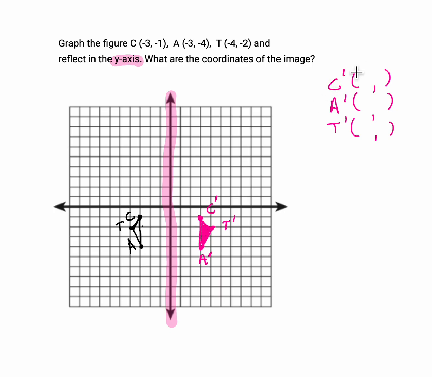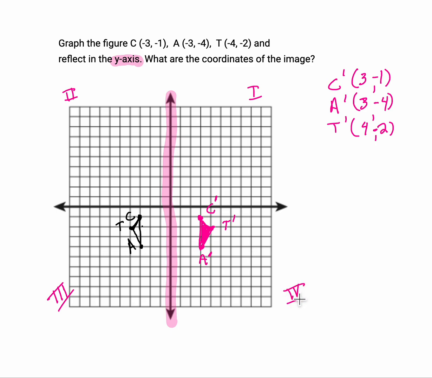And I'm going to get my points now. C' is 3, -1. A' is 3, -4. And T' is 4, -2. I could have thought about my negatives and positives. So this is in which quadrant? The fourth quadrant, because this is the first quadrant, second quadrant, third quadrant, and fourth quadrant.